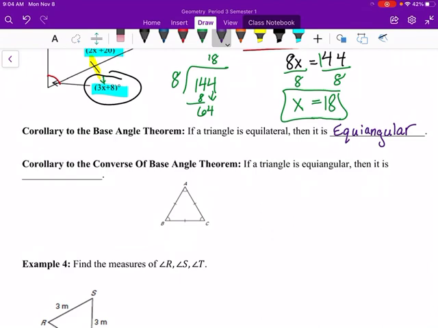This also means if a triangle is equiangular, then it is equilateral. So anytime you are given 3 congruent angles, you know all 3 sides are also congruent. If you're given 3 congruent sides, then we know all 3 angles are congruent.